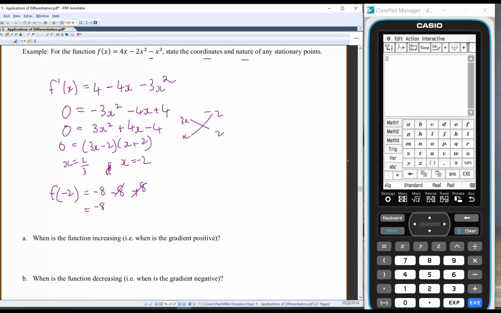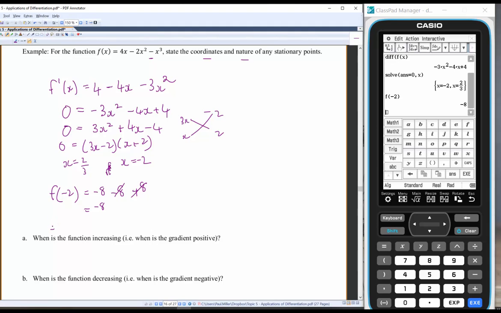Let's just double check that on the calculator. All right, not bad effort there.